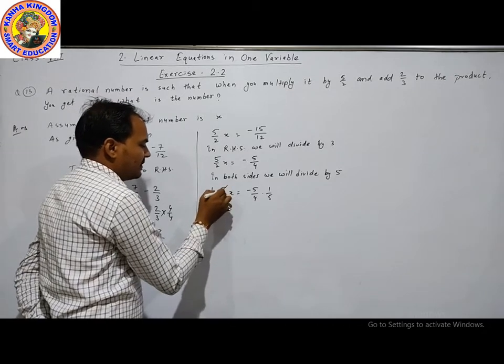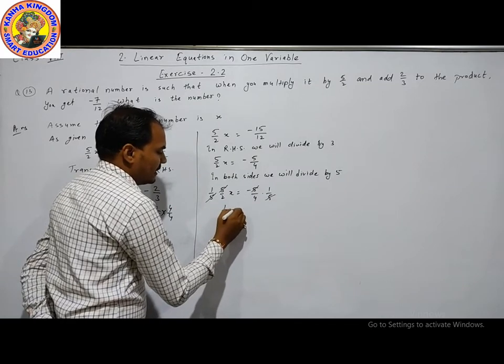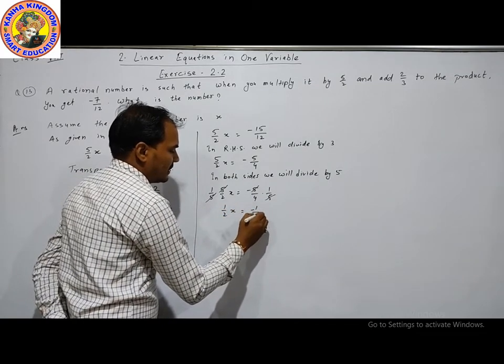There 5 and 5 will cancel. So 1 by 2x is equal to minus 1 by 4.